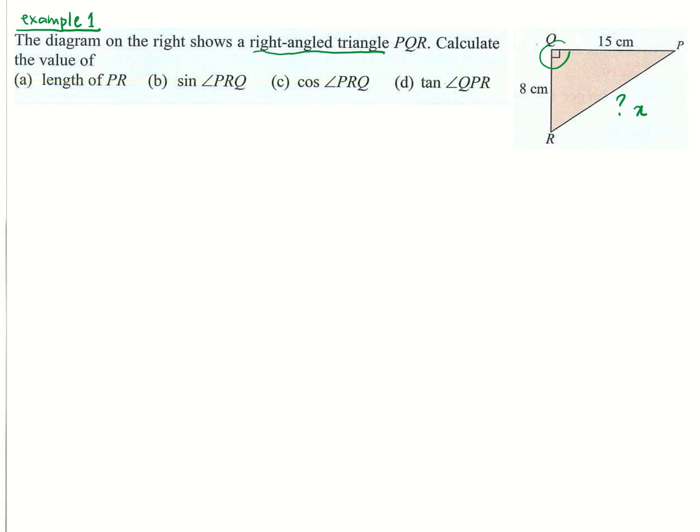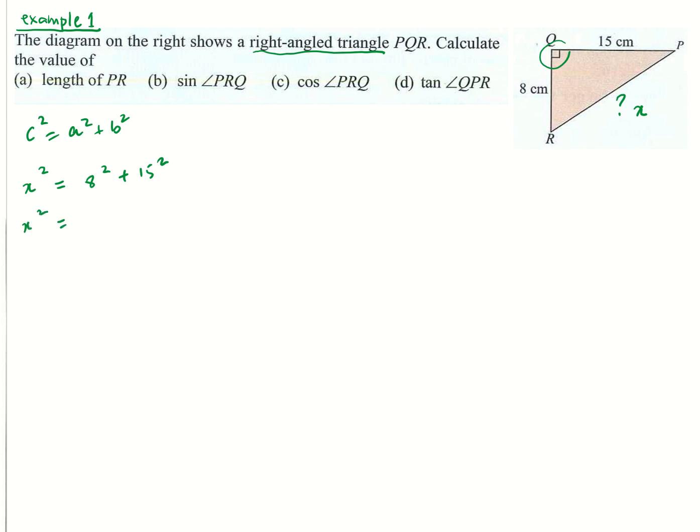By using theorem Pythagoras, from c square equals a square plus b square, we can find x square equals 8 square plus 15 square.